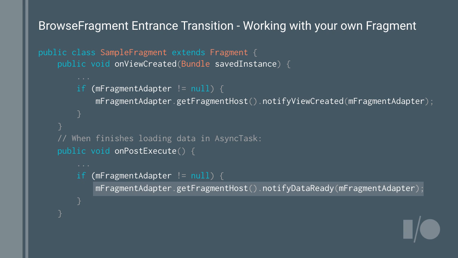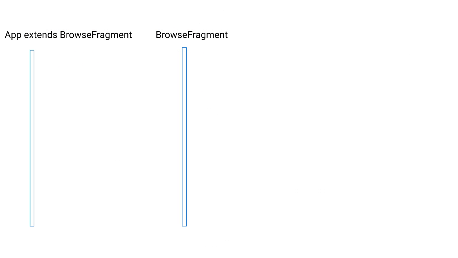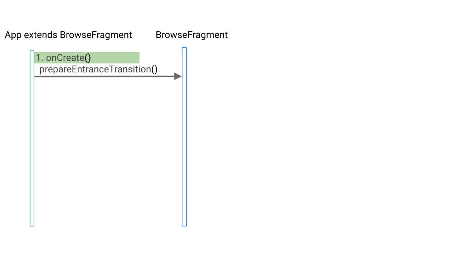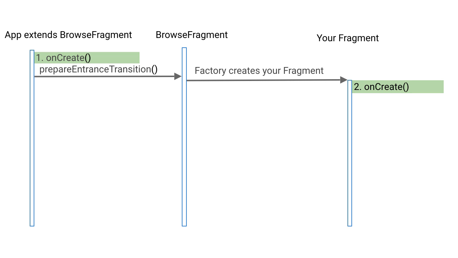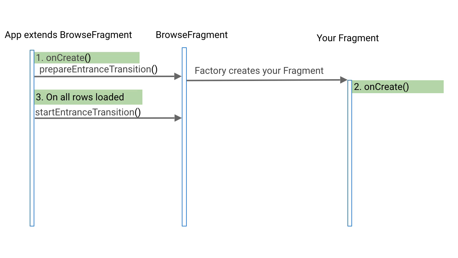So to put all the pieces together, we have this sequence diagram. First, your app calls prepareEntranceTransition in onCreate. Then, BrowseFragment will hide all the header views and not show anything in the main area. Then BrowseFragment starts loading data. Once it loads the page row, it will create your fragment from the factory. Next, once all the data inside the BrowseFragment is loaded, it calls startEntranceTransition.